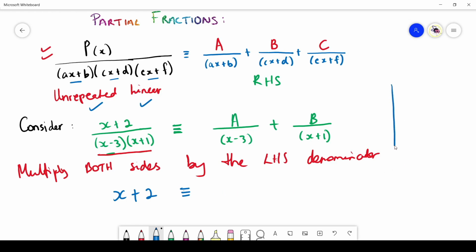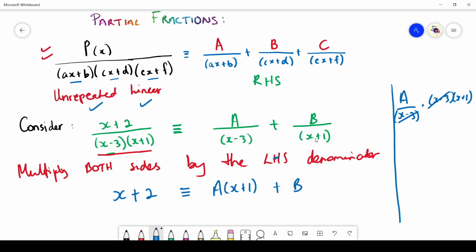If I can show you a bit of working, if you have A on x minus 3 and you have to multiply that by x minus 3 times x plus 1, remember we're multiplying both sides by the left-hand side denominator, okay? So these would cancel so that you'll end up getting A times x plus 1.